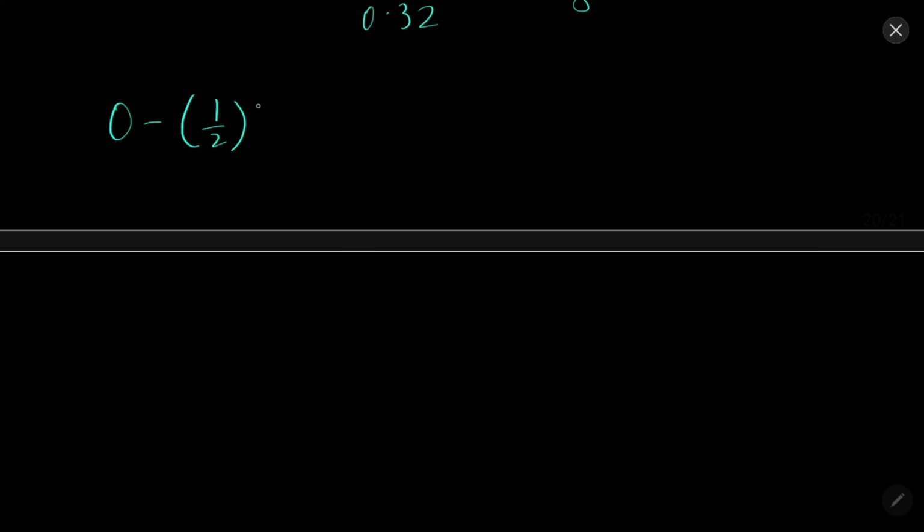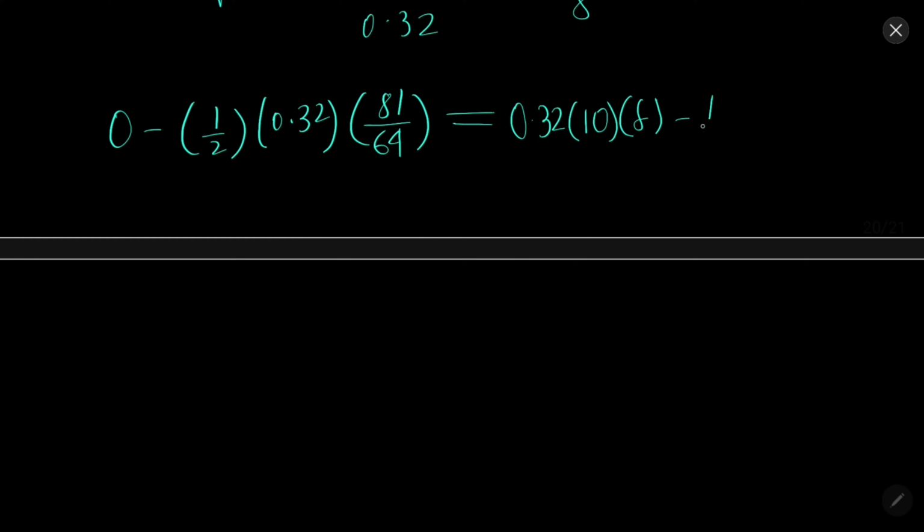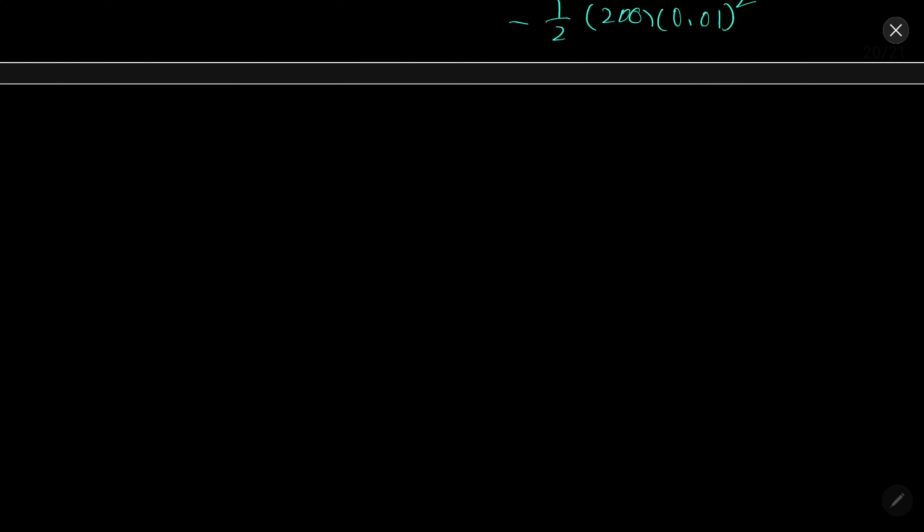Then by conservation of energy, 0.32 into 10 into delta minus half 200 into delta square equals half into 0.32 into (9/8) square minus half 200 into 0.01 square. So delta will be 0.05 meters or 4.5 centimeter.